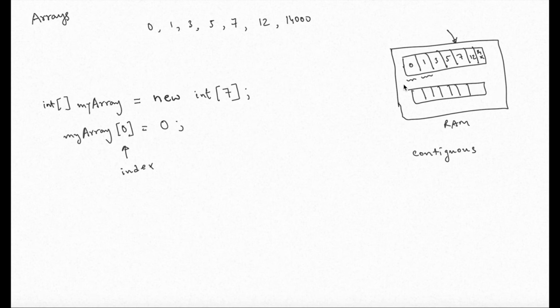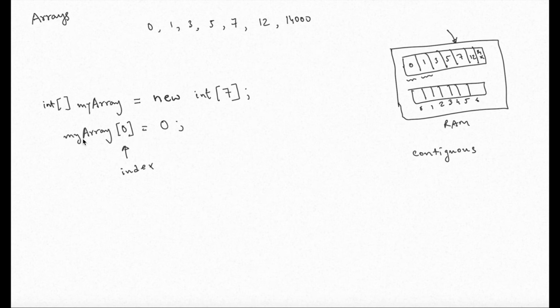An index means the position of an element in the array. The position of the first element always is 0. The second element is 1, the third element is 2, then 3, 4, 5, and 6, and so on. Because we have 7 elements, our index starts from 0, and it ends at 6.